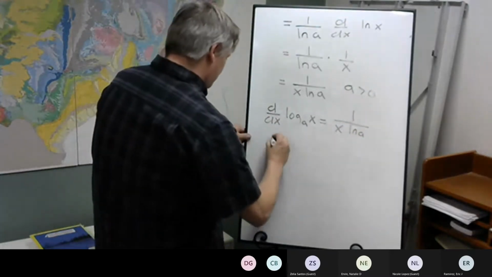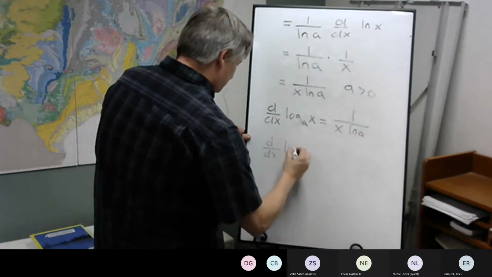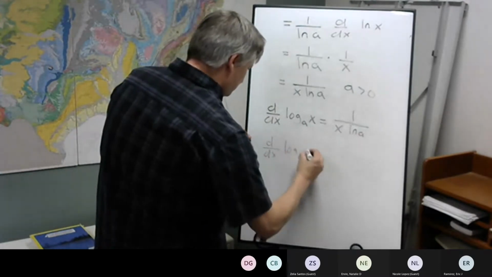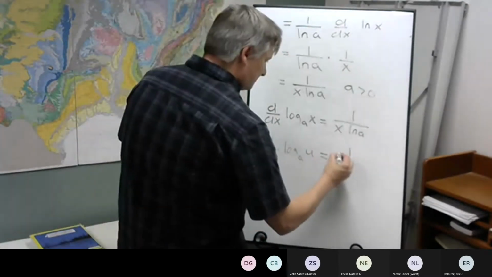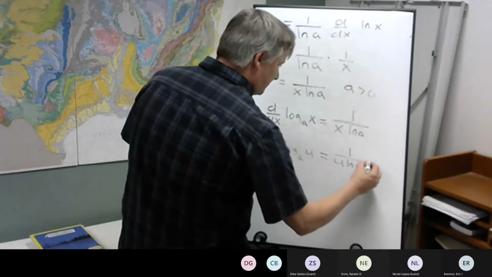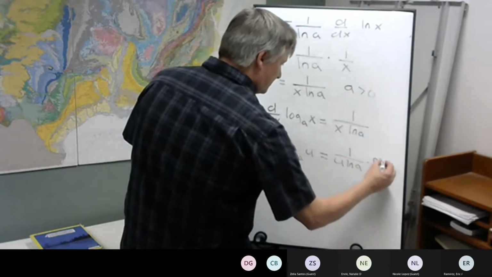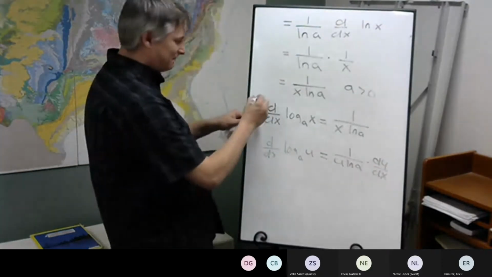Or, incorporating the chain rule, 1 over u natural log of a times du dx.